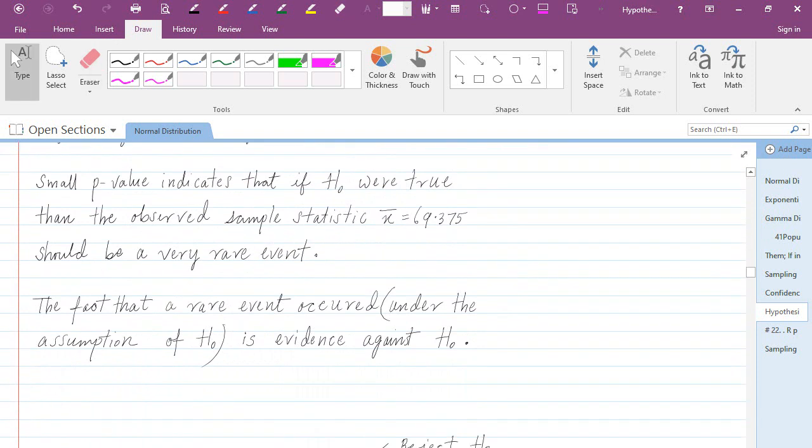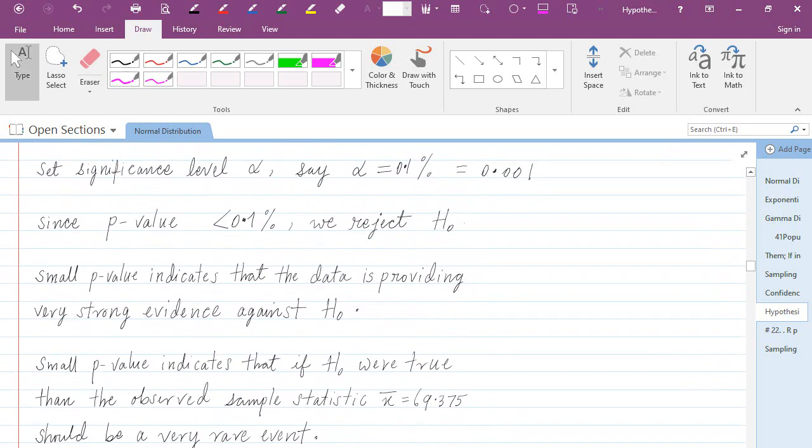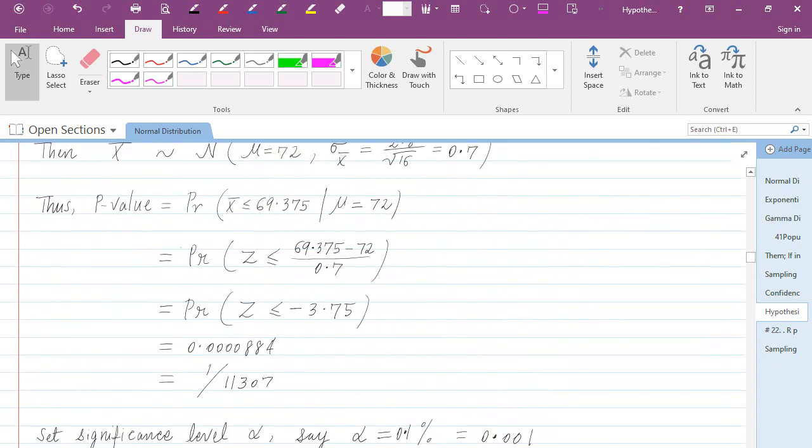And the fact that a rare event has occurred under the assumption of H0 is evidence against H0. So if you look again at the p-value, it's the probability that the sample mean takes on a value less than or equal to the observed sample mean, given that the population mean is 72.